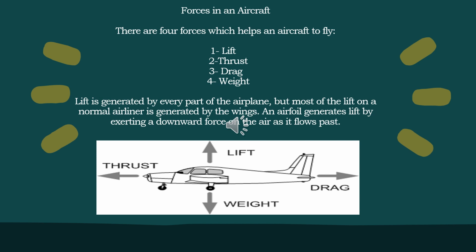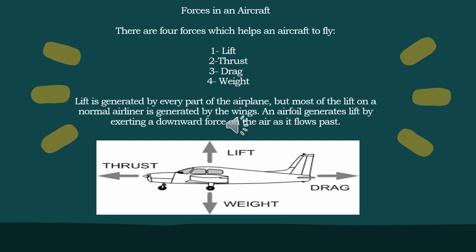There are four major forces which help an aircraft to fly, as described in the picture below. Those four forces are lift, thrust, drag and weight. Lift is the force that moves the aircraft in an upward direction, and thrust is the force that moves the aircraft in a forward direction.